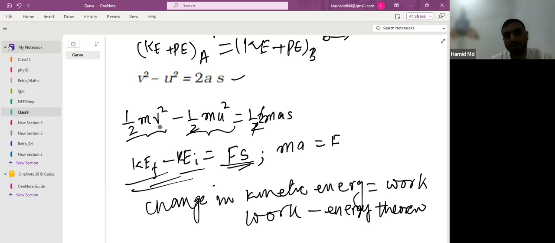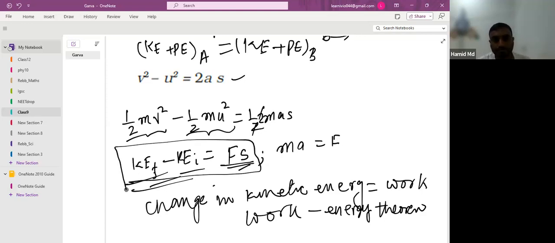V is the final velocity, so it is final kinetic energy. This u is the initial velocity, so corresponding to this we have initial kinetic energy. Here it is mass into acceleration into distance. Mass into acceleration is force, and force into displacement is work done. So here it is change in kinetic energy equal to work done.